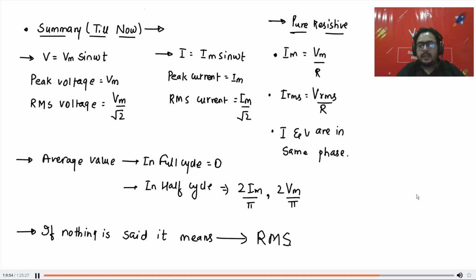If they are telling you in your house electricity is coming at 220 volt, always remember it is RMS. If nothing is said, it means it is RMS. Any doubts in this, please ask.